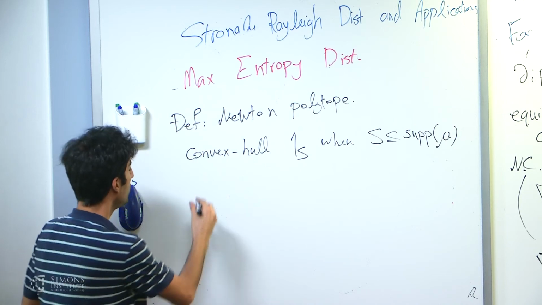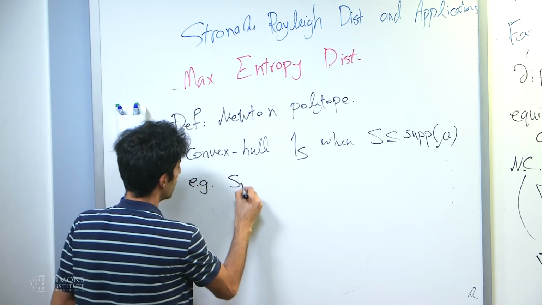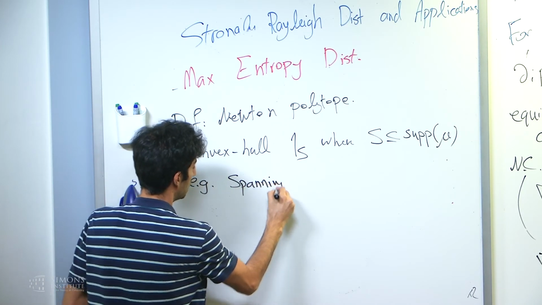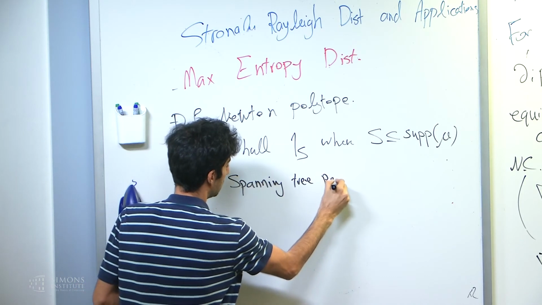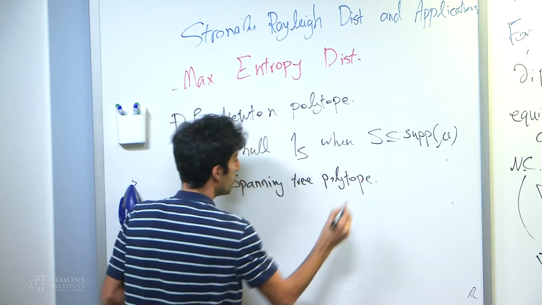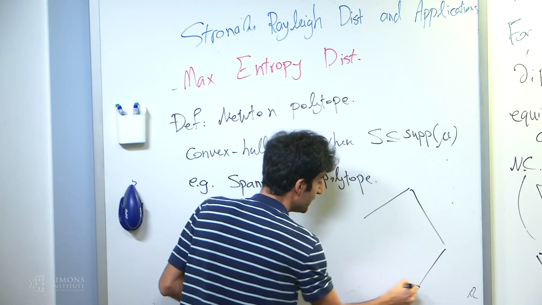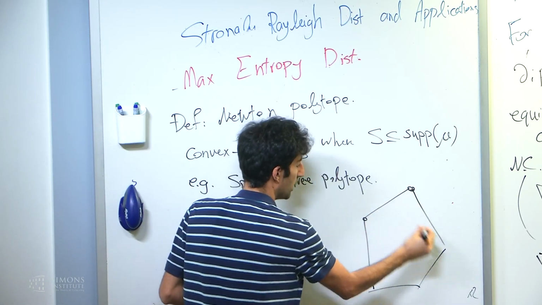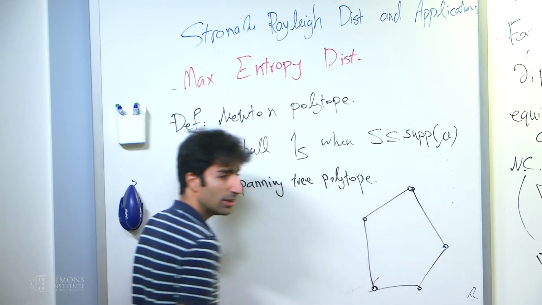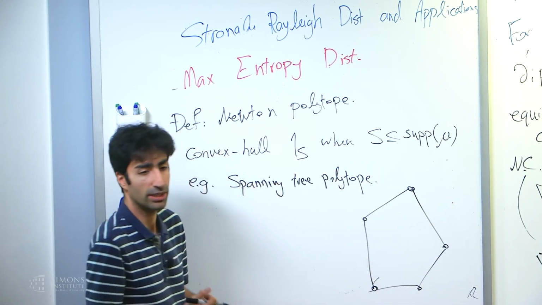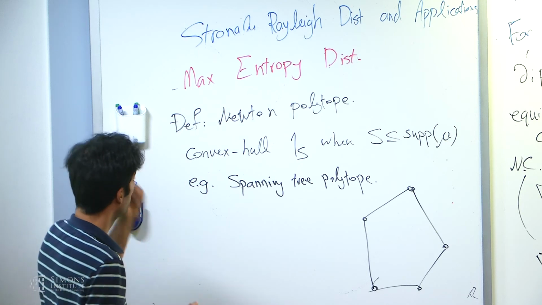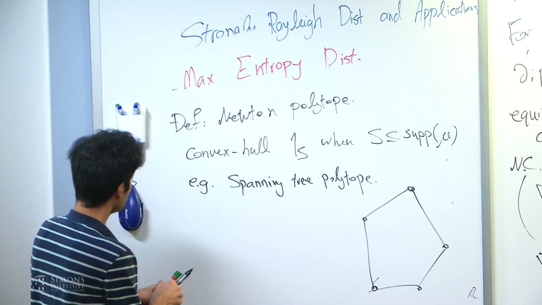One example is the spanning tree polytope. You choose a random spanning tree distribution, you look at the indicator vectors of all spanning trees, and the convex hull of them gives you the Newton polytope of that polynomial. Okay, so that's one definition.